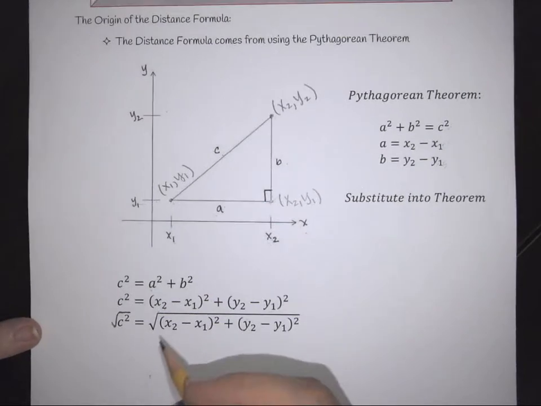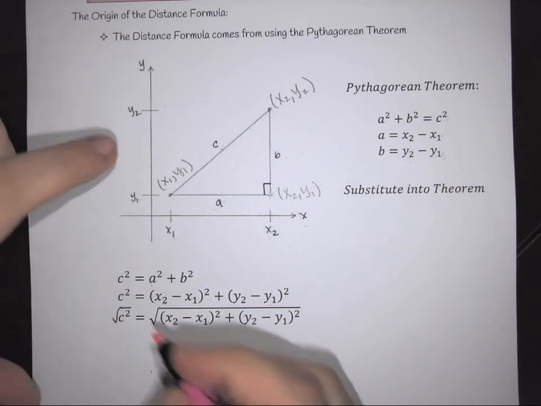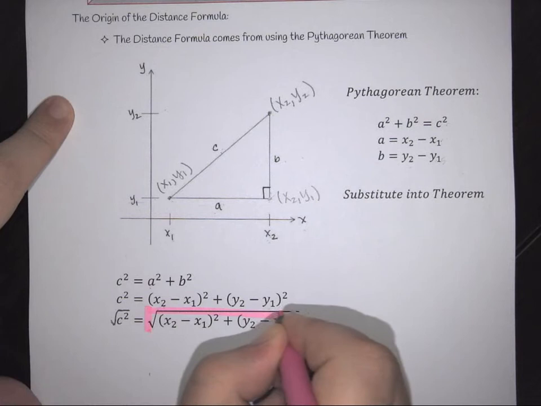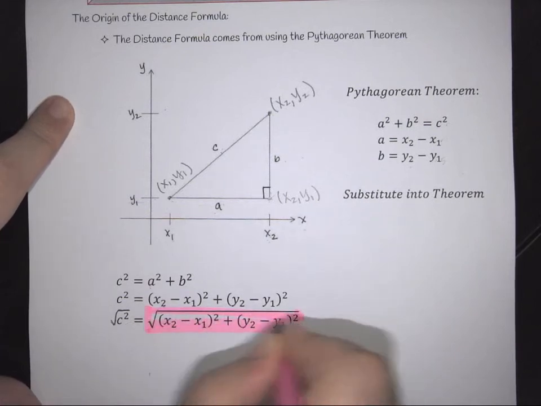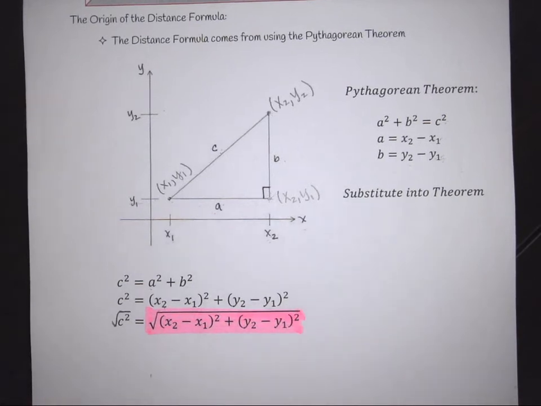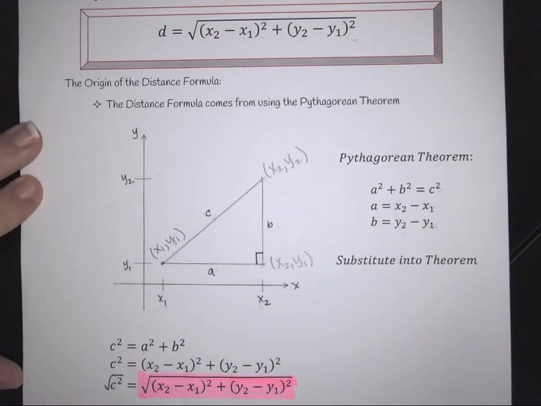So in other words, if you pay close attention, this right here is your distance formula. So that's where it comes from. It's actually related to Pythagorean's theorem.